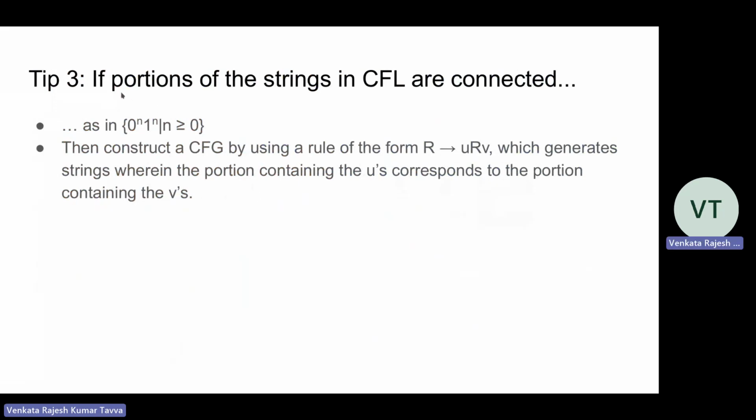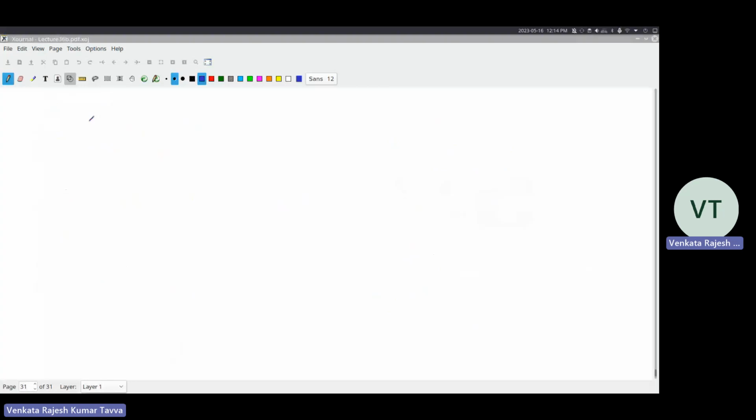Because we know the number of zeros and ones are the same, we say R goes to 0 R 1 or epsilon. Every time I get a 0, I also get a 1. So if I get 2 zeros, I'll get 2 ones. If I get 10 zeros, I'll get 10 ones.